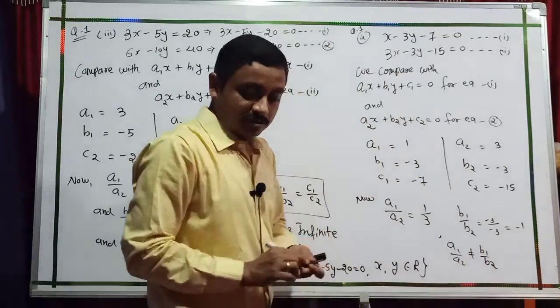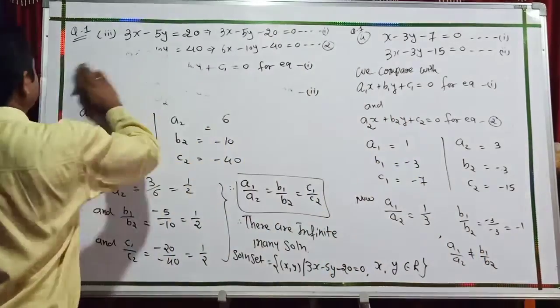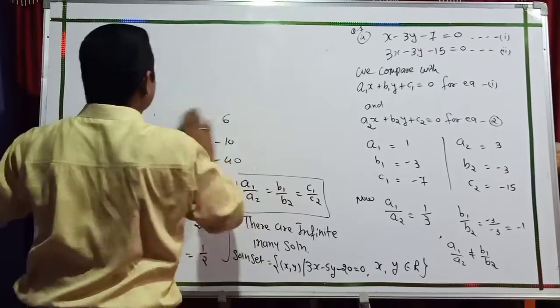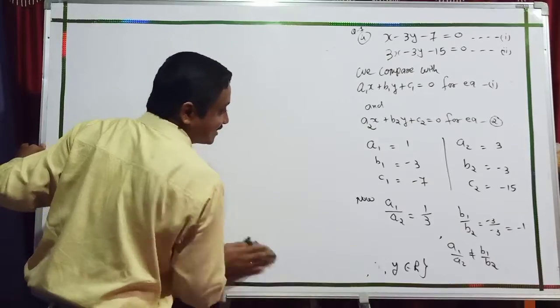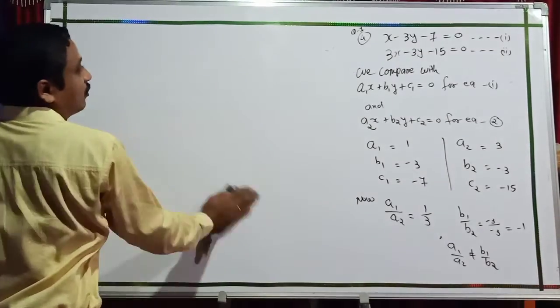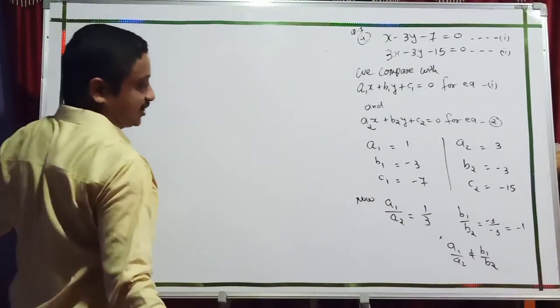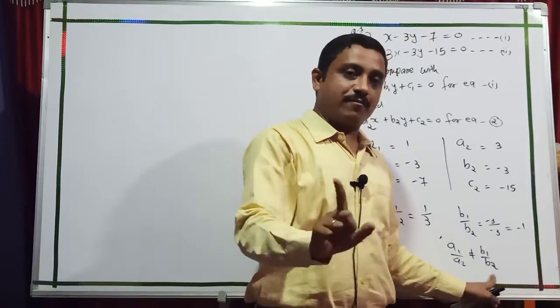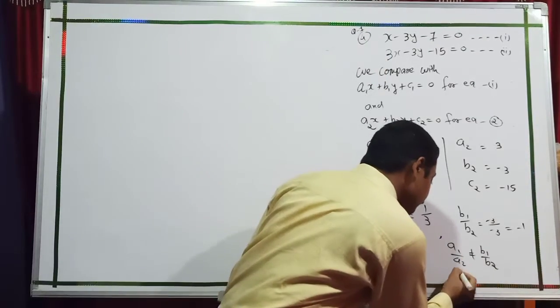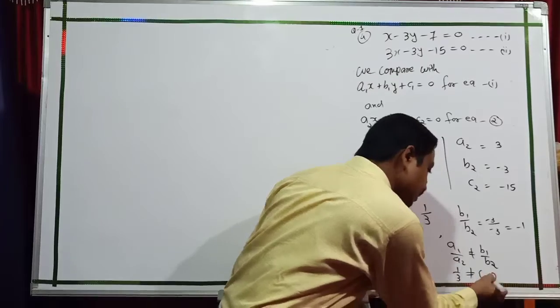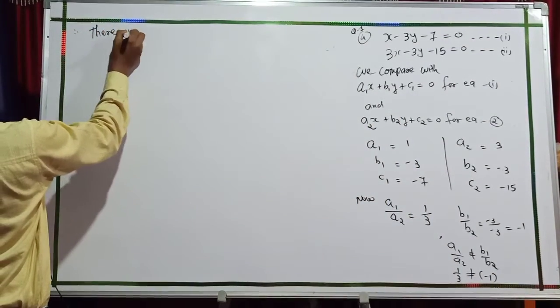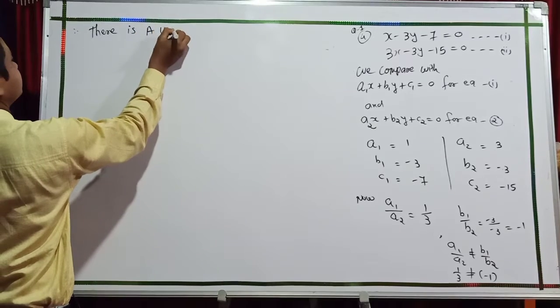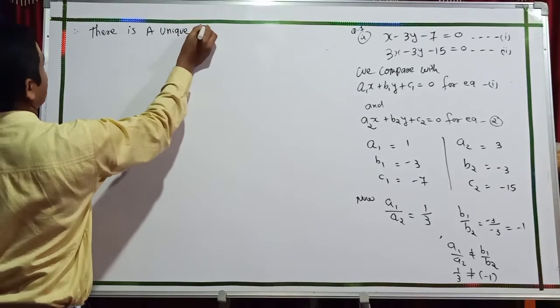It means there are infinitely many solutions, or parallel, or a unique solution? Yes, it is a unique solution. 1 by 3 and 3 by 3 is minus 1, so these are not the same. Therefore, a unique solution exists.